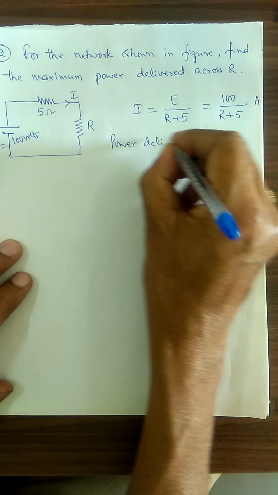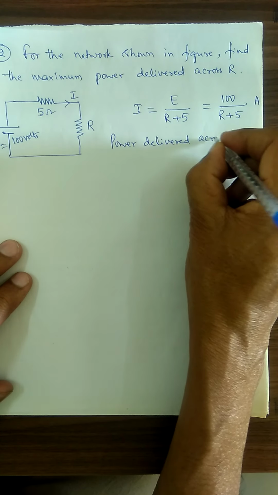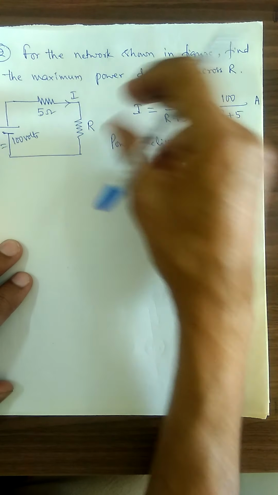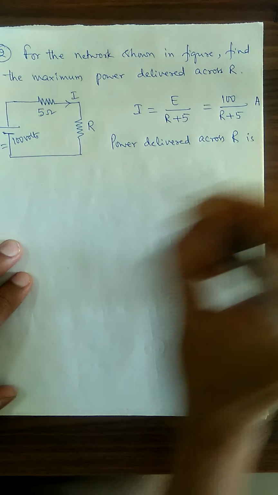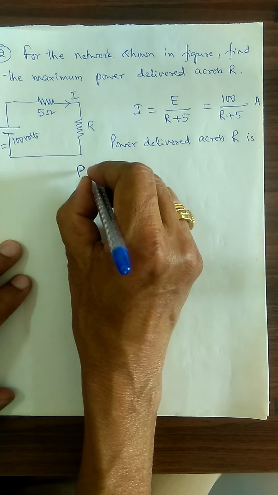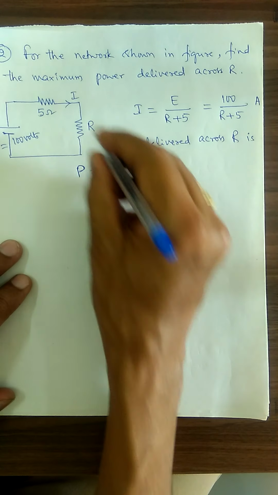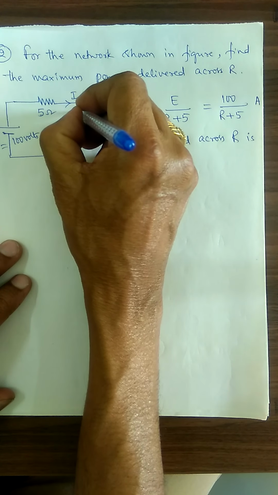Power delivered across R. Here, across R, how much is the power delivered? It is given by P is equal to power delivered, whatever is flowing, I can consider this one as IL here.